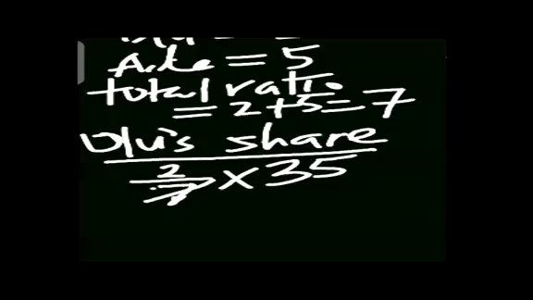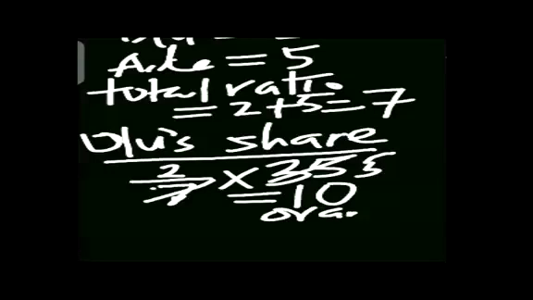So 5 into 35 is 5, 5 by 2, this is 10 oranges. That is Olu's share.